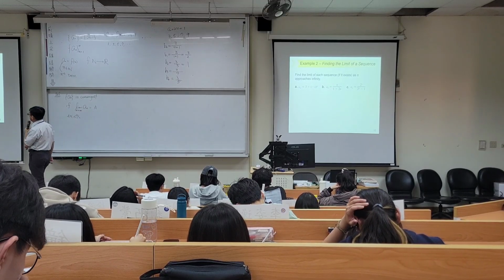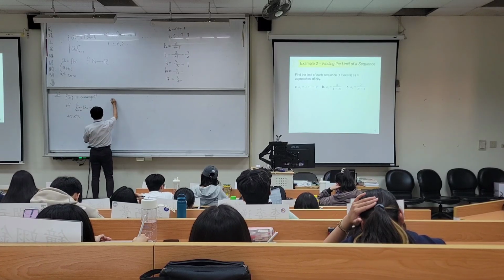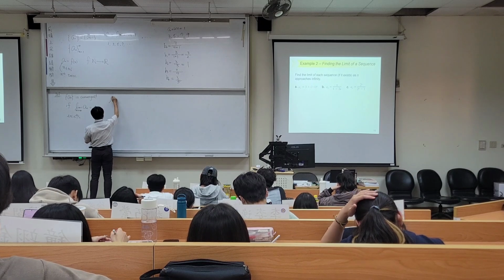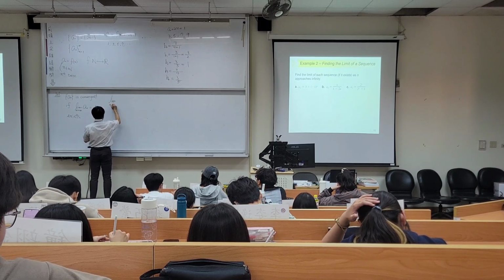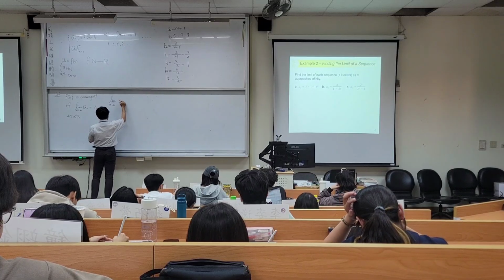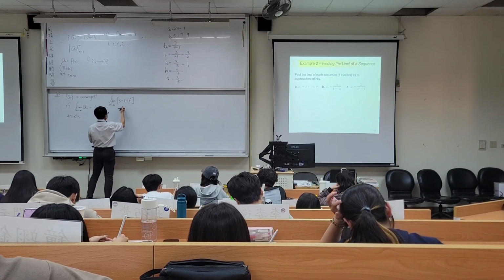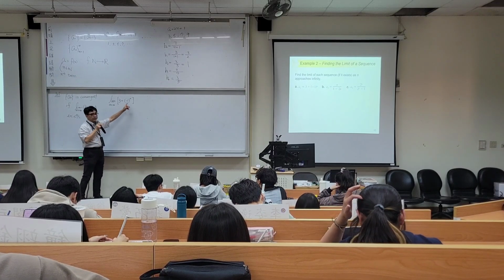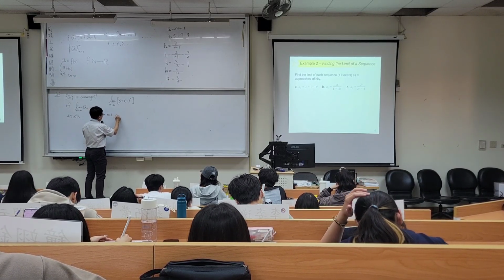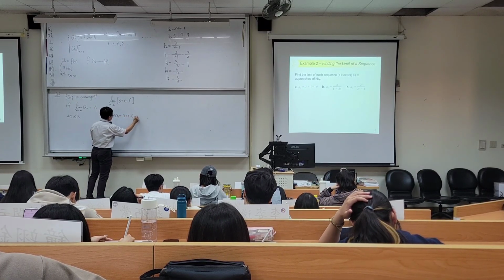The first one, A sub n. This one, A sub n: the limit of a sub n is equal to the limit of 3 plus (minus 1) to the n. So you'll see this: when n is 1, a1 is equal to 3 plus minus 1, which is 2.